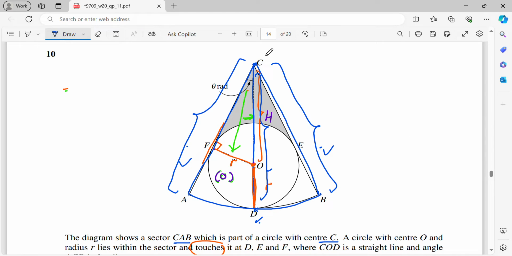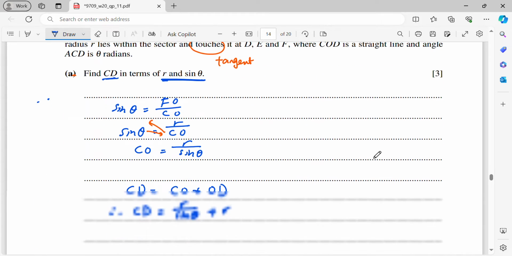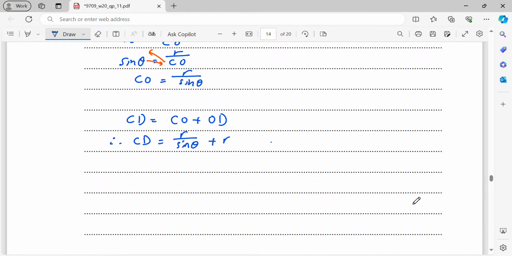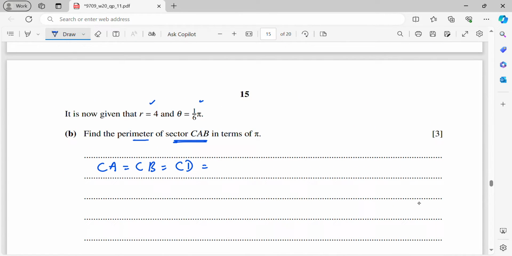So from here I will write CA same as CD same as CB, and it is the same as the previous, which is R over sine theta plus R. And now given R is 4, you just replace it: 4 over sine pi over 6 plus 4. So this is 4 over sine pi over 6, which is half, then plus 4.